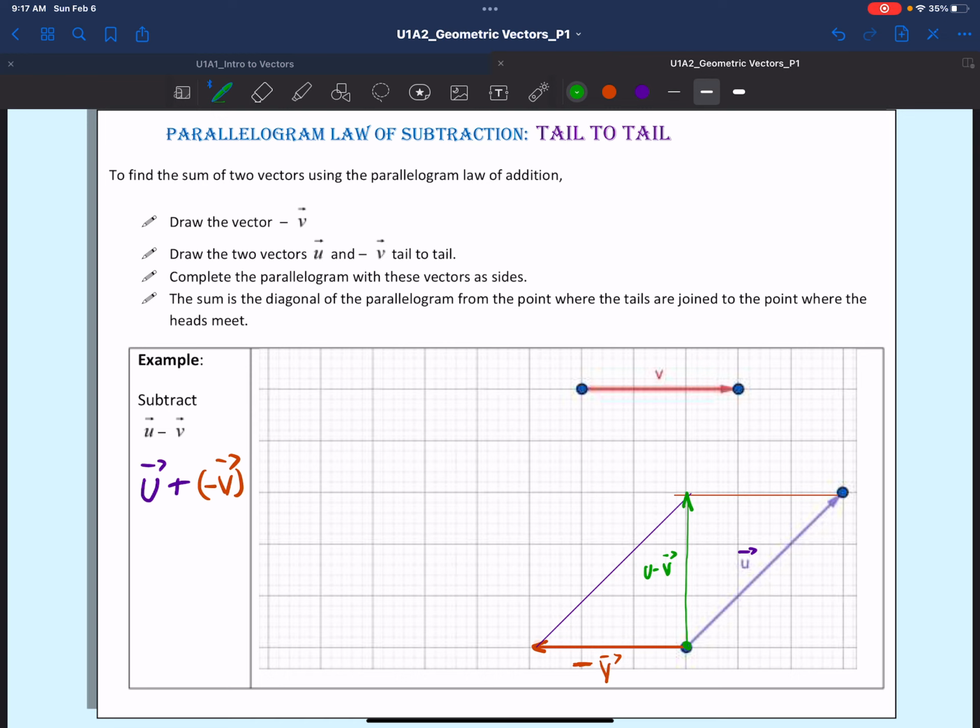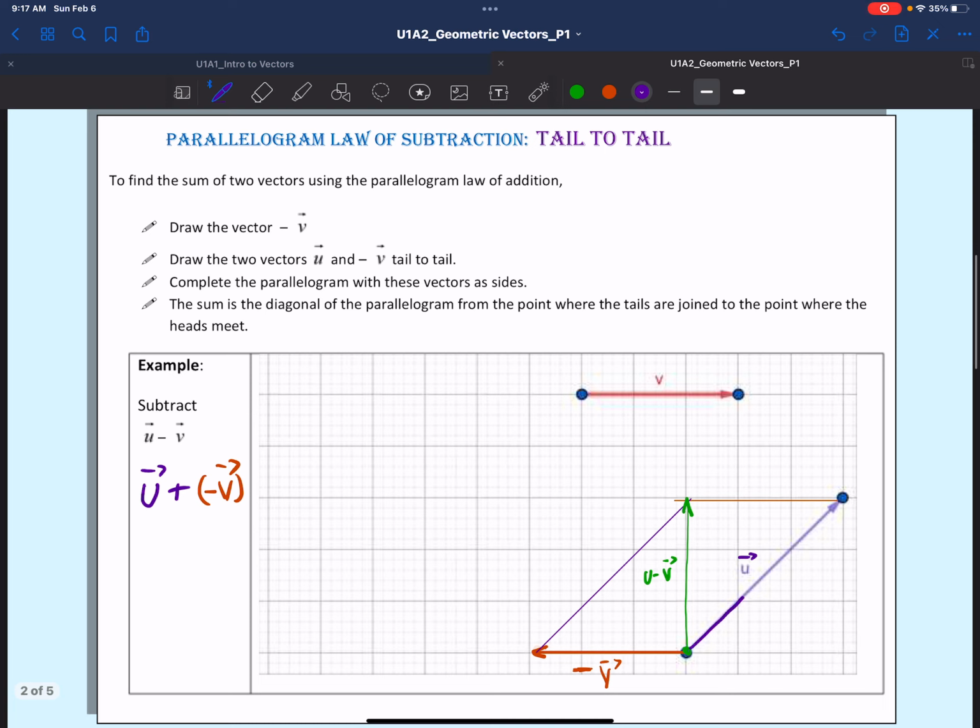Again, if we follow the triangle law of addition, it means that we're going to have vector u. Here goes vector u. I'm going to bring it here so we have enough room. And here is vector negative v.